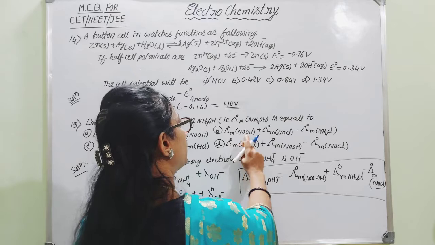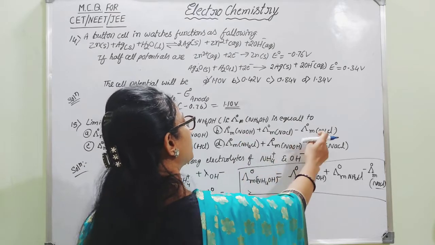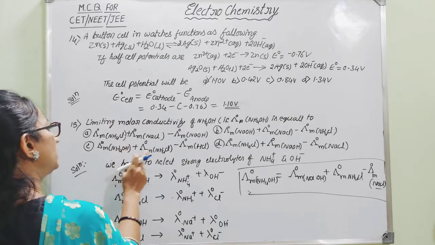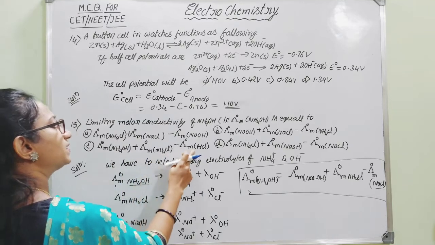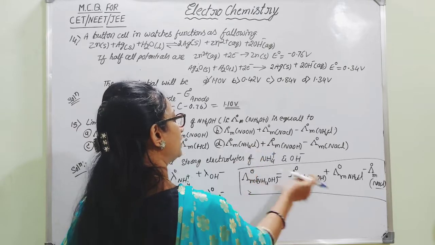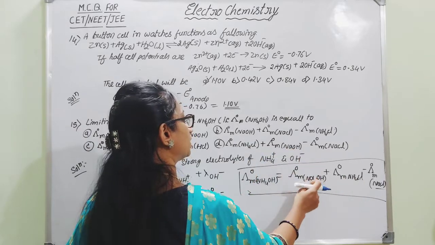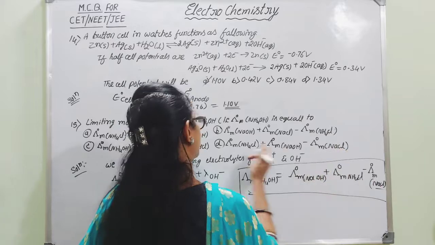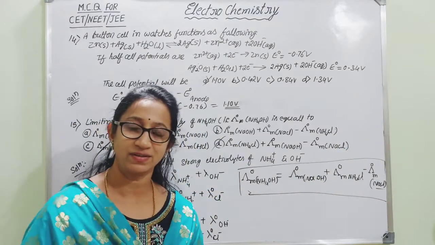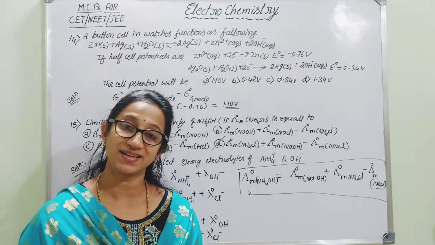NaOH, NaCl minus NH4Cl, not possible. NH4OH, NH4Cl minus HCl, not possible. The last option, NH4Cl plus NaOH minus NaCl. Therefore, option D is the right answer. So we can continue with many more MCQs in the next video session.